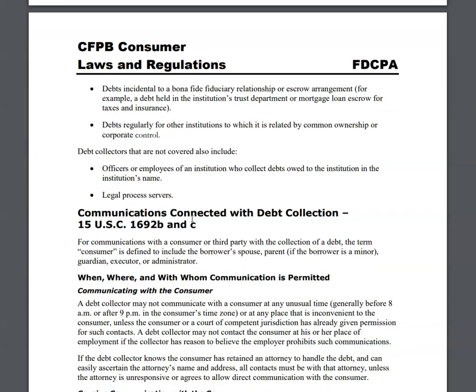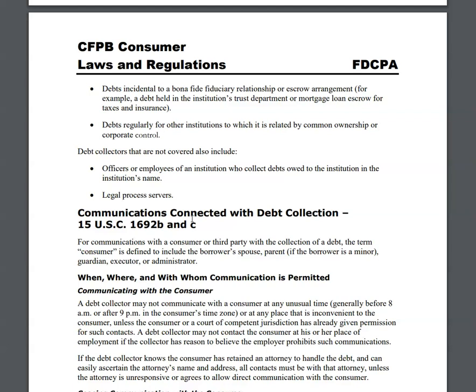Now, CFPB consumer laws and regulations. Let's move down here. Debt incidental to a bona fide fiduciary relationship or escrow arrangements. For example, a debt held in the institution's trust department, or mortgage loan escrow for taxes and insurance. So they're able to make those calls, and it would not be considered a debt collector.